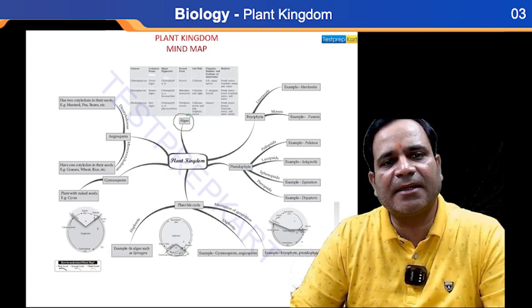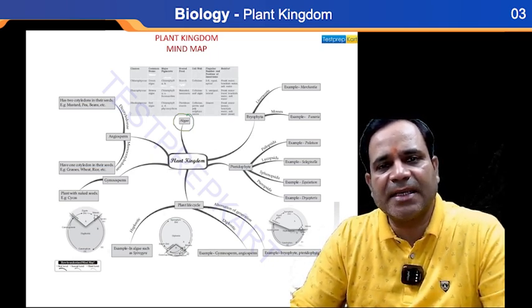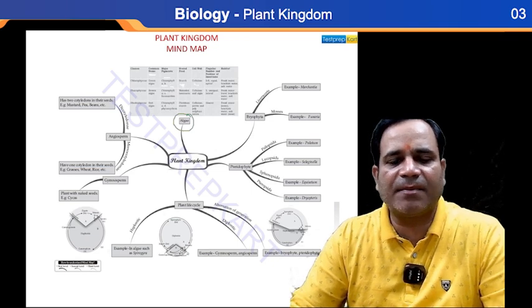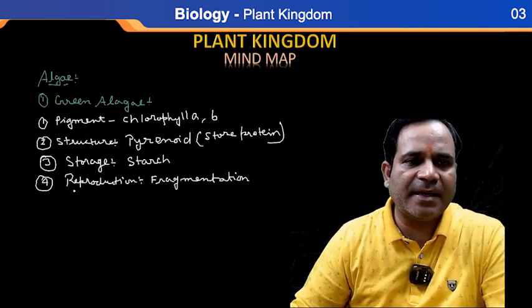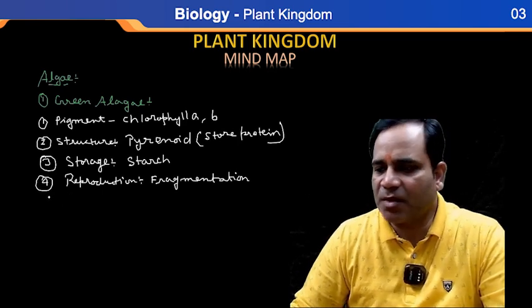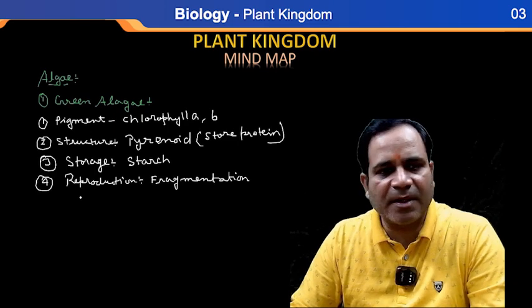Right? Here the pigment is chlorophyll A and B. Here the food storage is starch. Cell wall is made up of cellulose, my dear. Correct? If anybody asks you about reproduction, sexual reproduction is here.